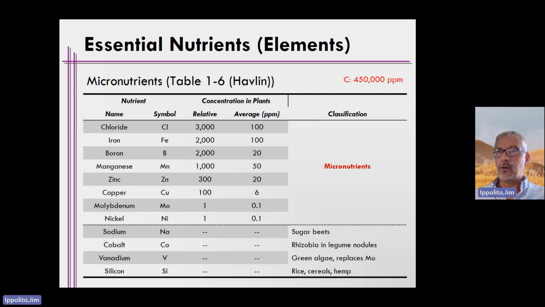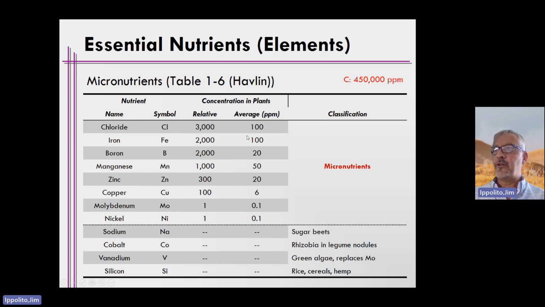It's just simply easier. Now, let's take a look at the micronutrients. The average concentration of these micronutrients within plants is now expressed on a ppm or parts per million basis. And we do this because it should make more sense when it rolls off your tongue that chloride and iron in a plant are on average 100 parts per million.